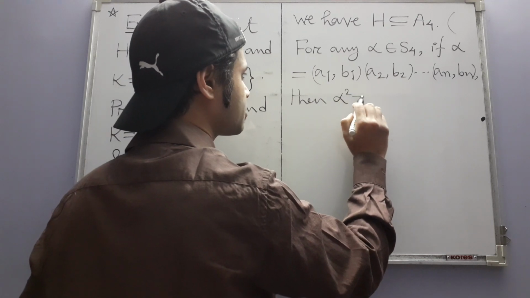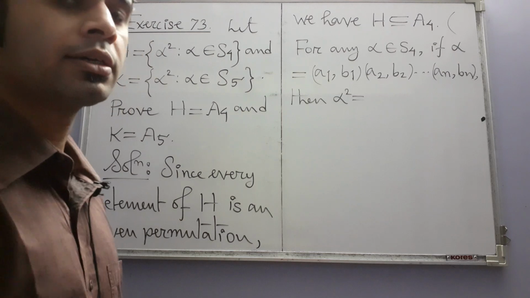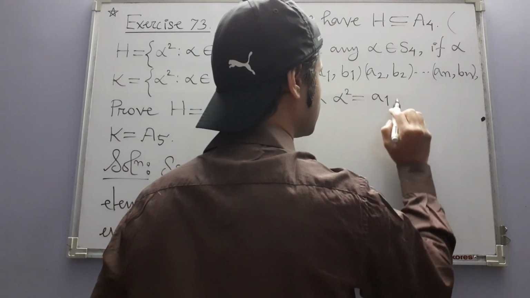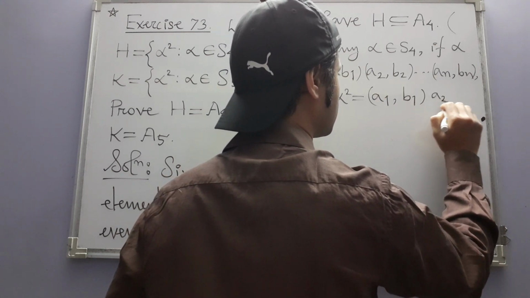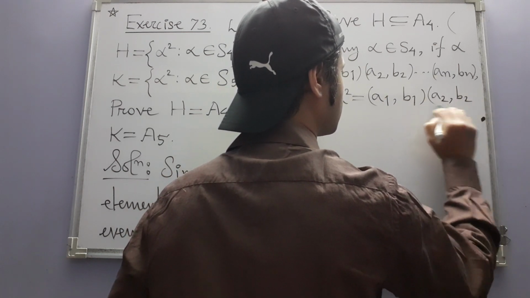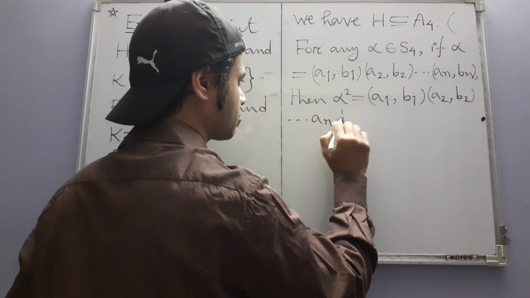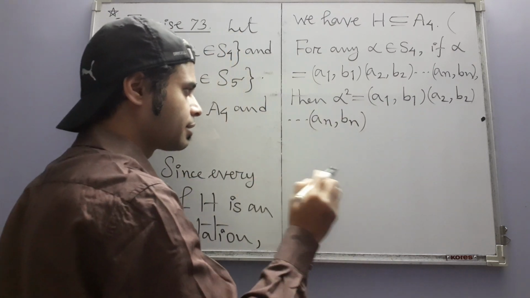what is alpha squared? Alpha squared is just this product followed by another such product, one alpha, then another alpha.